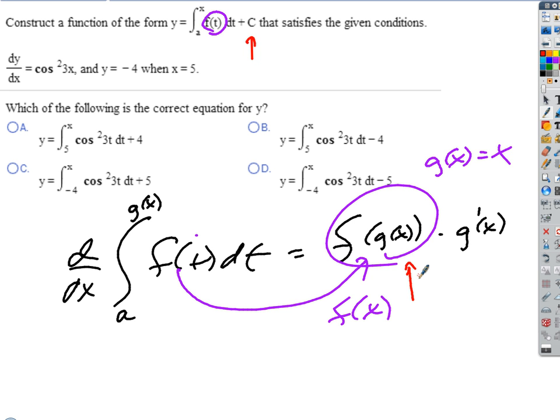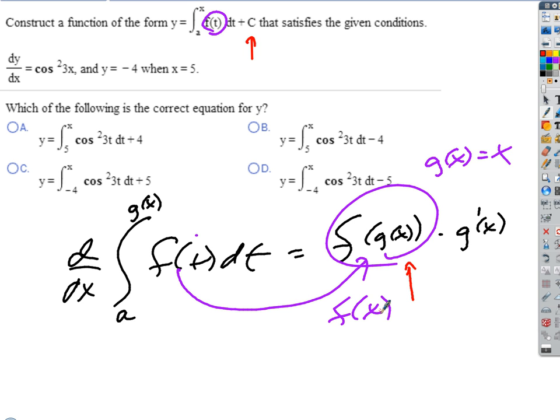This part right here. When you do the second fundamental theorem, you get this function of x. Well, it doesn't have a set value. It depends on x, right? But you want your answer to just be constant, don't you? So how are you gonna choose the value of x? Because it wants you to pick x.